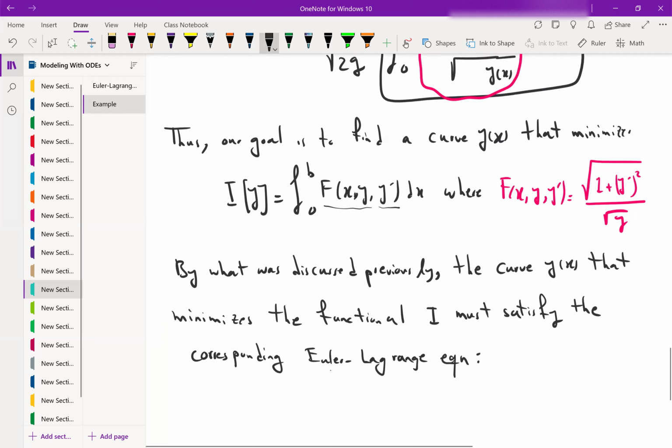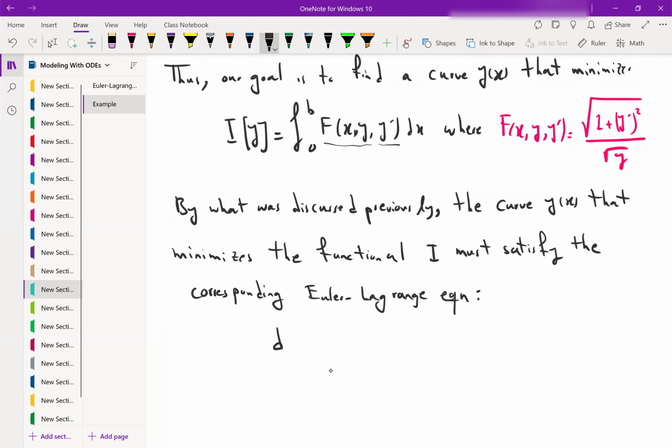And what is that? We went over this before. d dx of partial f partial y prime must equal partial f partial y.